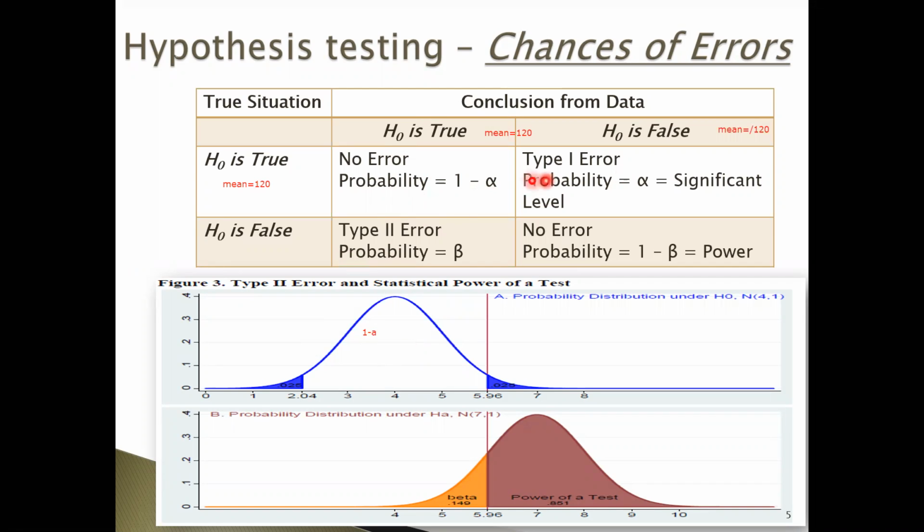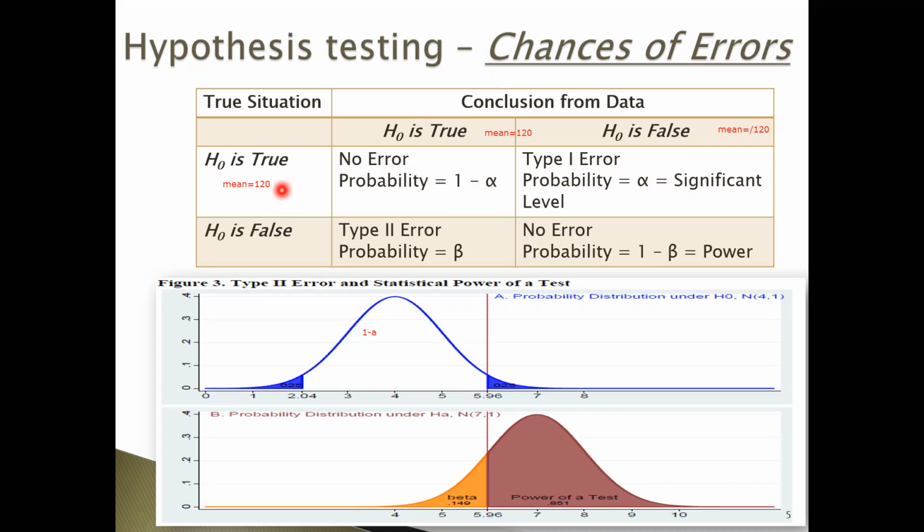Then there can be another condition. We start our experiment with the assumption that in our population the mean is equal to 120, or we can say that the null hypothesis is true. But what happens in the sample values, maybe we get an observation which deviates far away from 120. So in that condition, due to some observation or some sampling error, we reject the null hypothesis, although it was true.